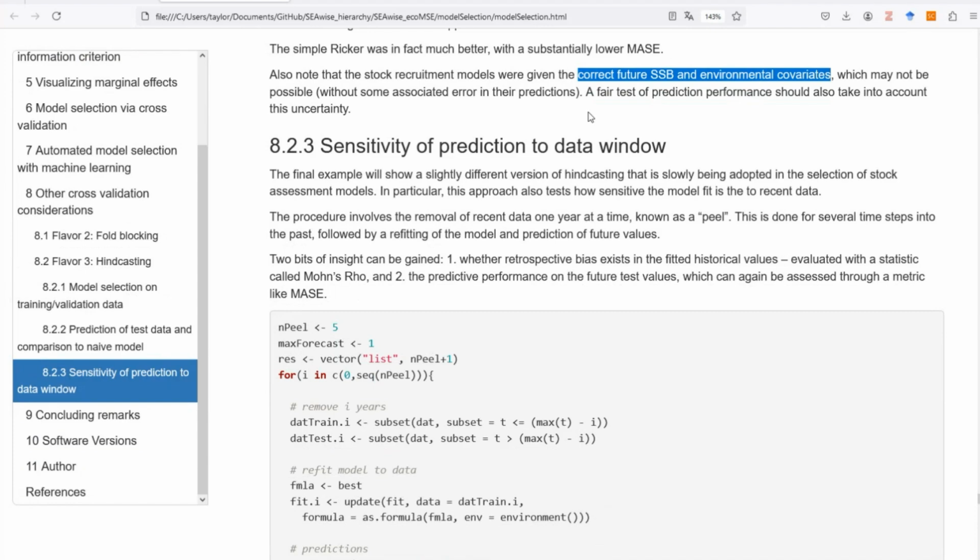And finally, I wanted to sort of tie this into some developments in the assessment world that are moving towards being a bit more objective about how they view the predictive power of their assessment models.